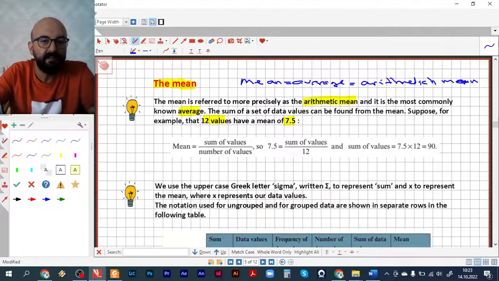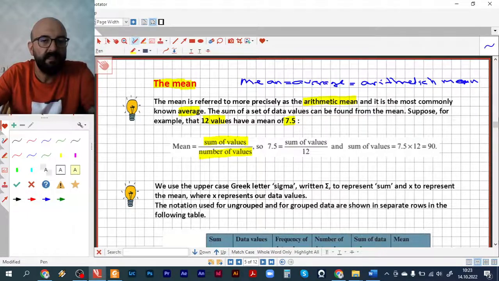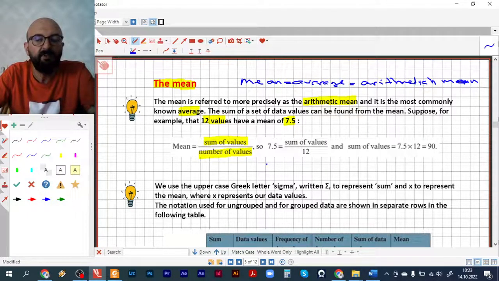The mean formula is the sum of all values divided by the number of values. So, in this example, the mean value is 7.5 and the number of values is 12.